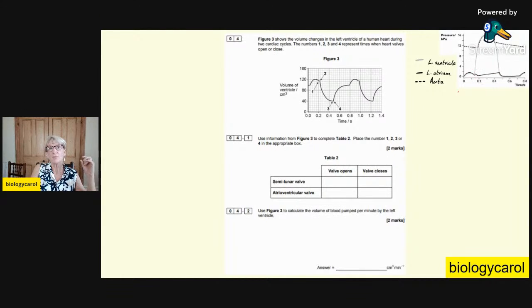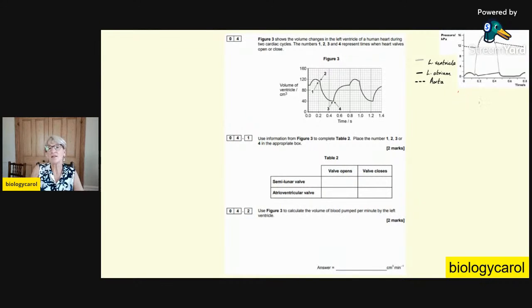If I'm remembering this graph, the first thing that happens is that the grey line of the left ventricle increases, goes above the solid black line of the atrium. And therefore, if the pressure in the left ventricle is greater than the pressure in the atrium, those atrioventricular valves are going to snap shut.